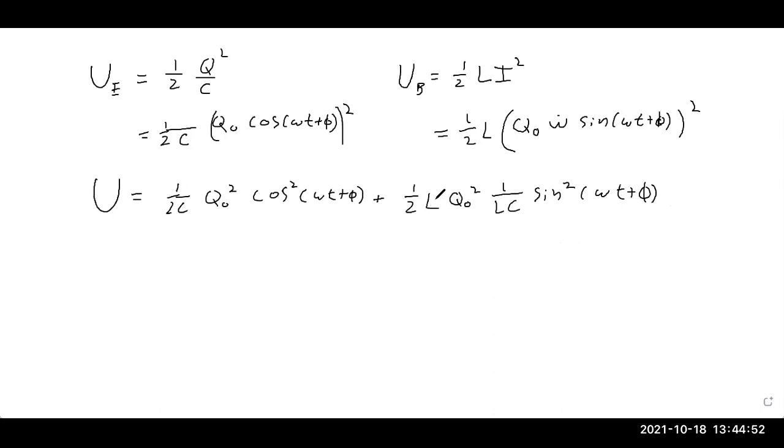And we've got L times 1 over L. So these two terms can actually come together. This is Q squared over twice the capacitance times the cosine squared.